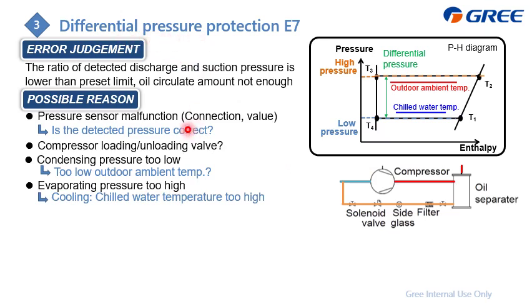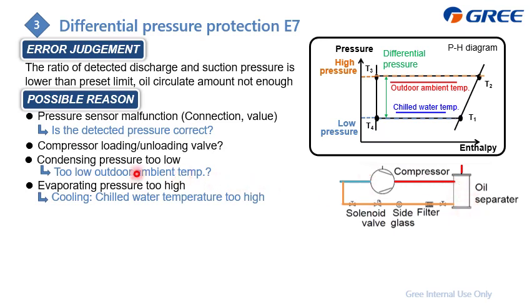And here are the reasons why this error happened. First is the pressure sensor malfunction, the same as I introduced previously. Just follow it to check, it's okay. Next is maybe the compressor loading or unloading valve has a malfunction, so there is not enough oil flowing back, or not enough power inside it.